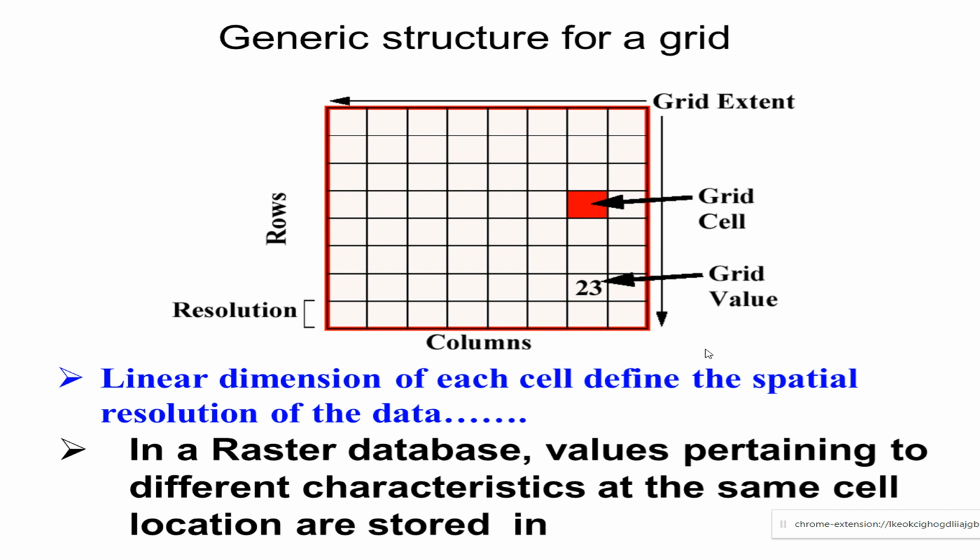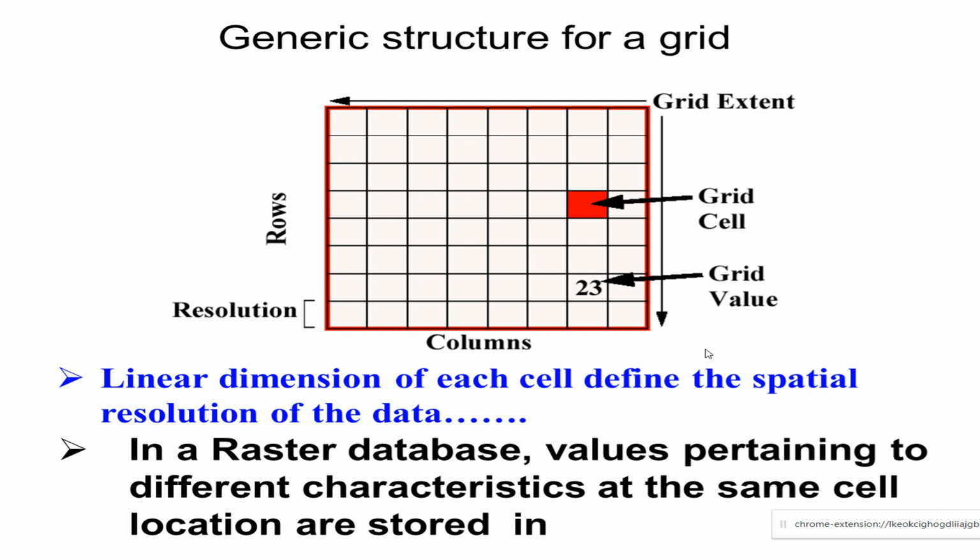Now the structure of a grid. Raster data has a grid format or grid extent, where one pixel is called the resolution. Like when we take a picture on a cell phone, we say my camera has this much resolution. The grid has rows and columns, and some extent, meaning resolution values.